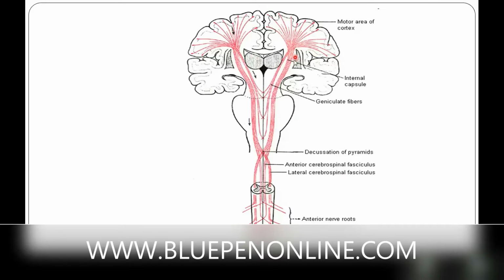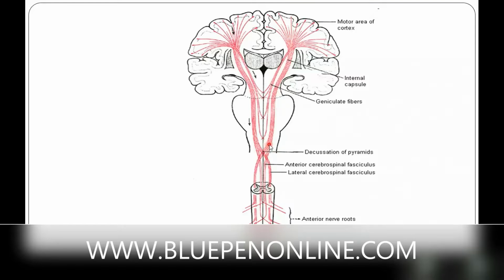So the corona radiata converges and passes through the internal capsule, and finally they reach the medulla.